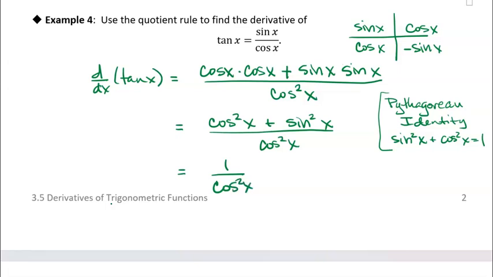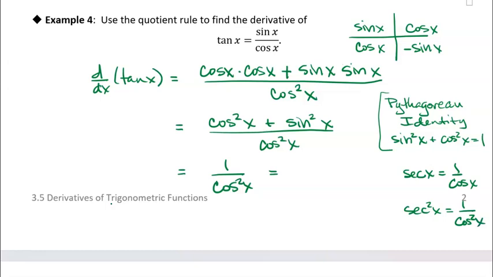All right. But remember that secant of x is equal to 1 over cosine of x, right? So if I square both sides, I get secant squared of x is equal to 1 over cosine of x squared, but 1 squared is 1, and then cosine squared is cosine squared.